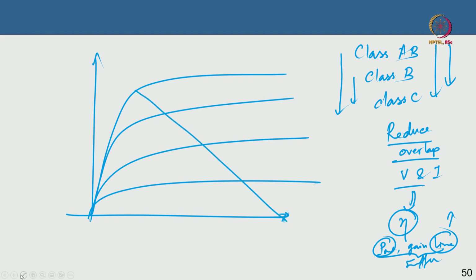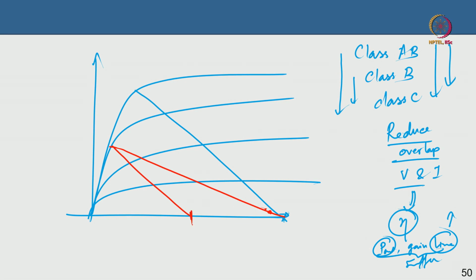What happens in class AB is that your load line will be something like this. You are not going to operate on the entire plane of the device; you are essentially clipping, you can come down like that.